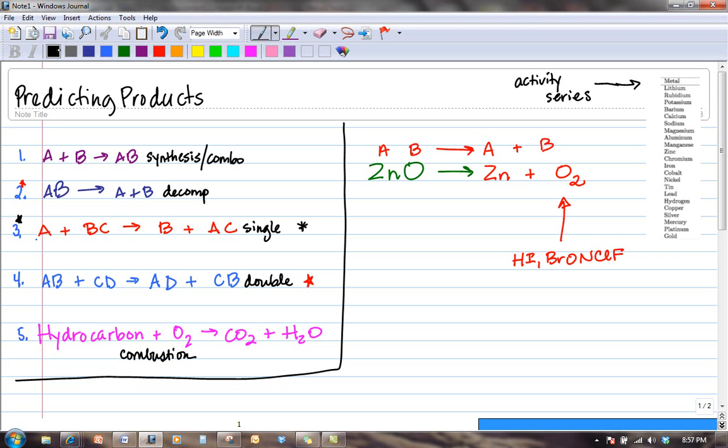And when that happens, we have to balance again. Put a 2 here in front of the zinc oxide so that we have 2 oxygens on each side, and then put another 2 in front of the zinc on the product side. This way we have the same number of zinc and oxygen atoms on each side, and we're nice and balanced. All right, this will be the last one.